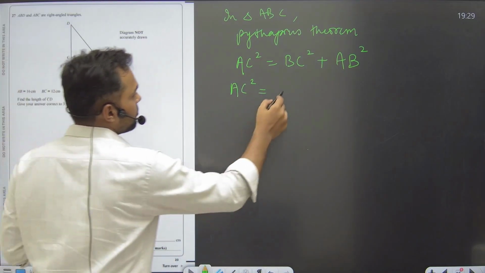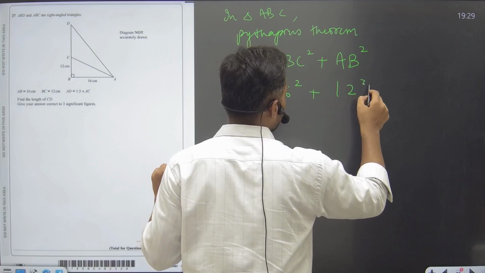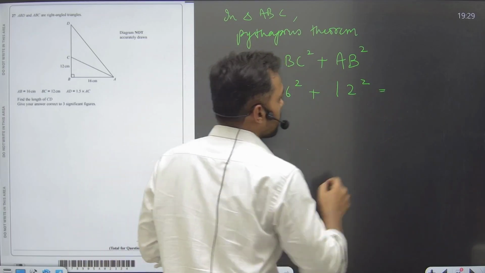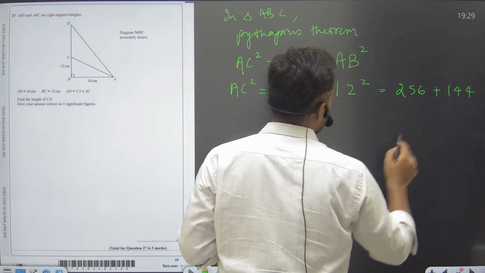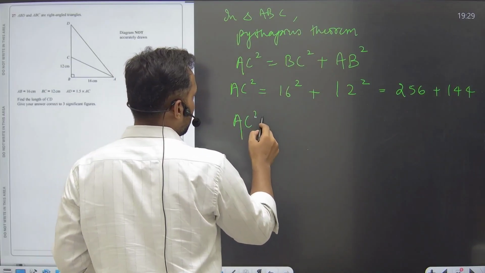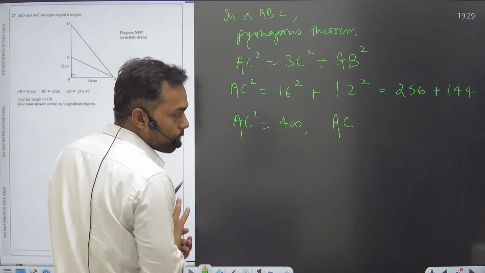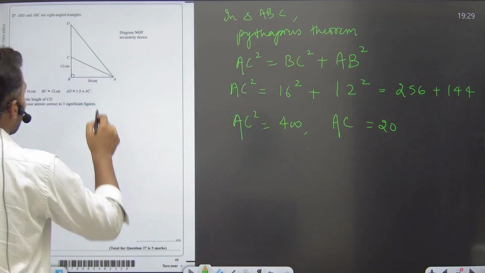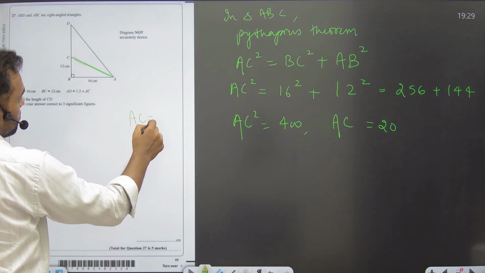AB is 16 square plus BC is 12 square. If you want to use the calculator, you can. It will be 256 plus 144. So AC square will be equal to 400. Now taking the square root on both sides, AC will be equal to 20. So we have got this particular value, students. AC is equal to 20.